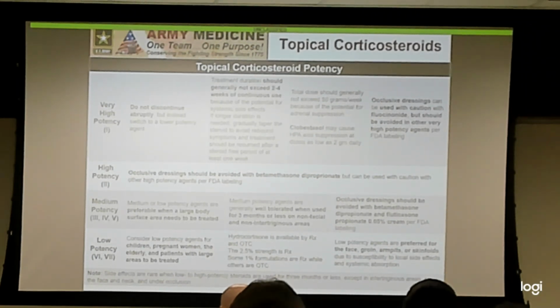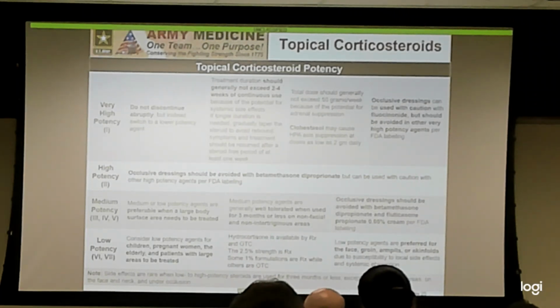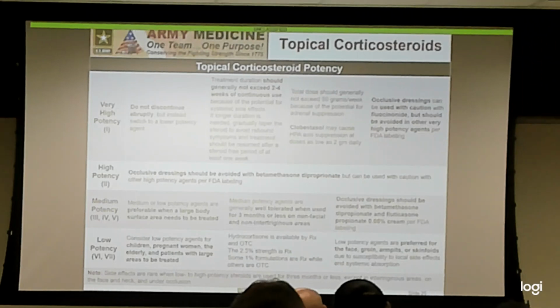Large body areas need to be treated, okay? That makes more sense, right? We don't want to use our high or our very high because we're giving them more exposure. So when you're talking about your medium potency, if I have an area that is large, so let's say I have my whole trunk, okay? I want to use my medium potency and if possible, my low potency, depending on if we're getting a response.